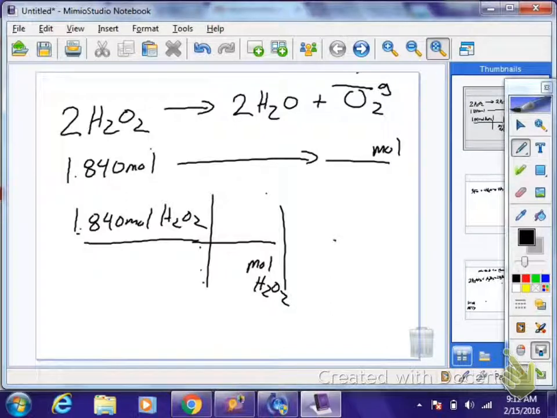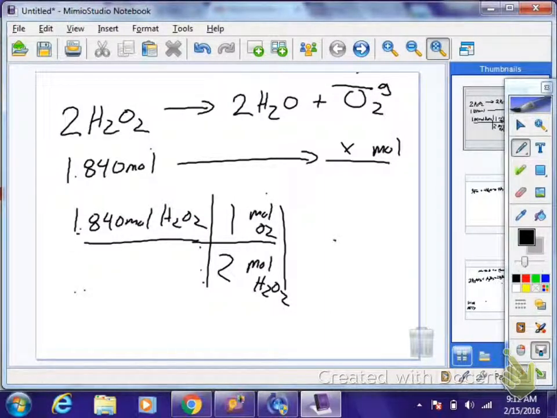And then up here, I'm going to go moles of O2. And then what goes in that slot would be our mole ratio. So it's 2 to 1. Any questions? Now, if we did our calculation, we'd have that answer right there, and with that answer, we can transition to grams from that.